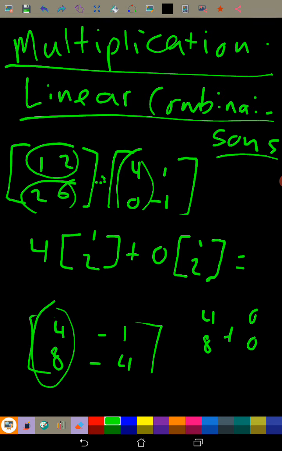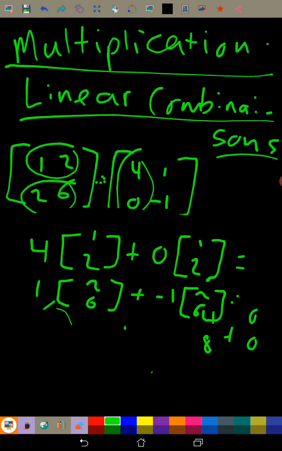So then you get 1 times 2, 6 plus minus 1 times 2, 6. As long as you know what you're doing, it's good. But for me, I got confused by what I did the last time, so I'm just warning you guys.